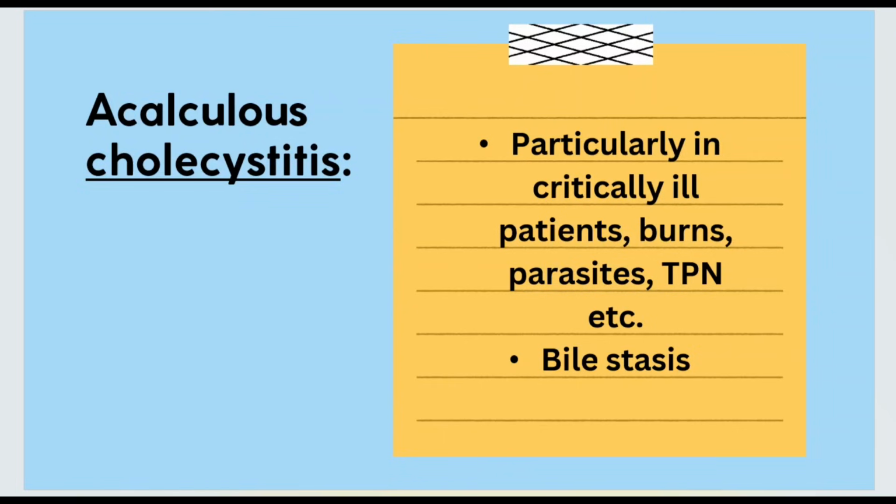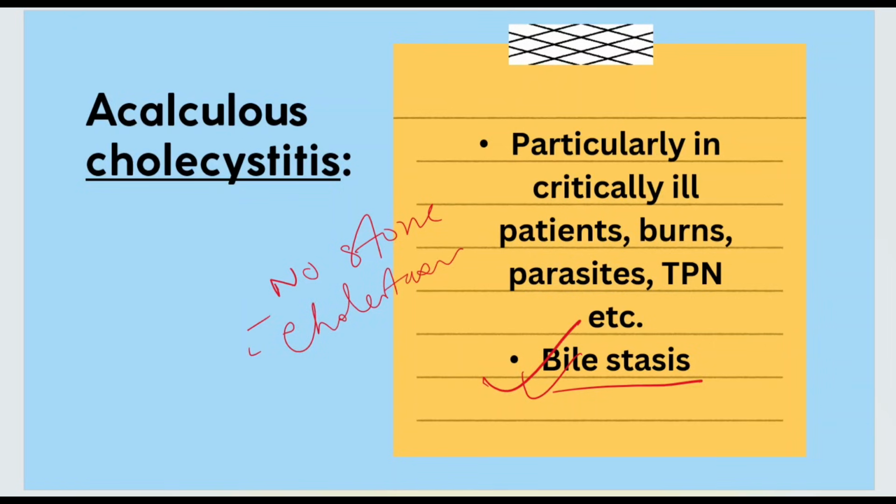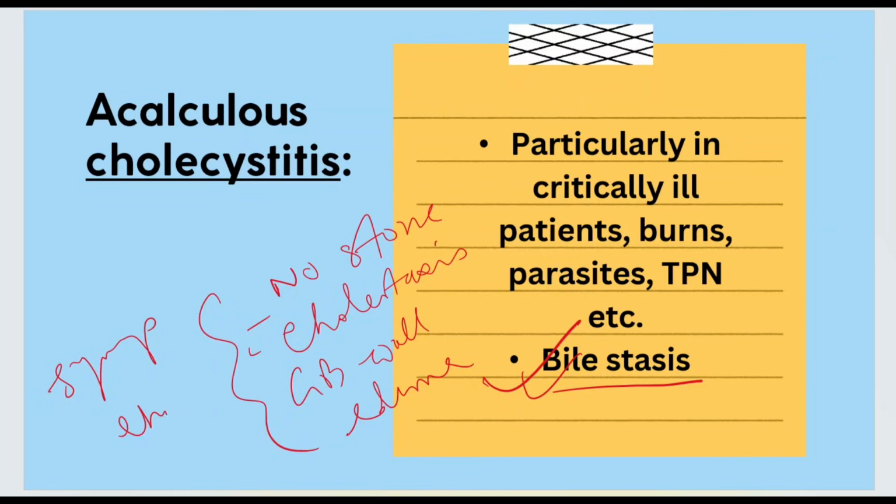Basically, acute acalculous cholecystitis is due to cholestasis, that is bile stasis. We don't see any stone, there is no stone, but due to cholestasis and GB wall edema, symptoms of cholecystitis are present here.